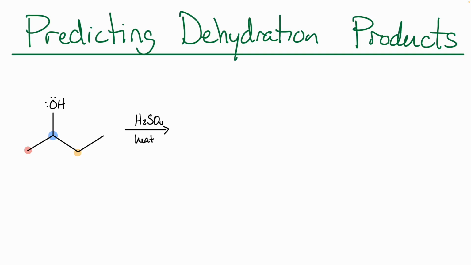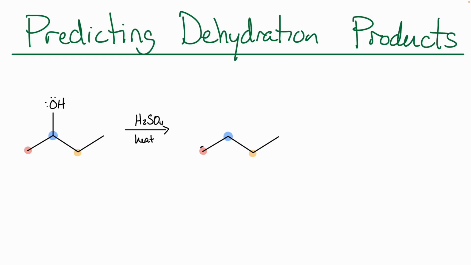All right, so everybody take a second. Let's draw our distinct alkene products here that we would get depending on which direction our alcohol dehydrates in. So obviously my blue carbon is going to be sp2 hybridized, but which of its neighbors is that double bond formed between?